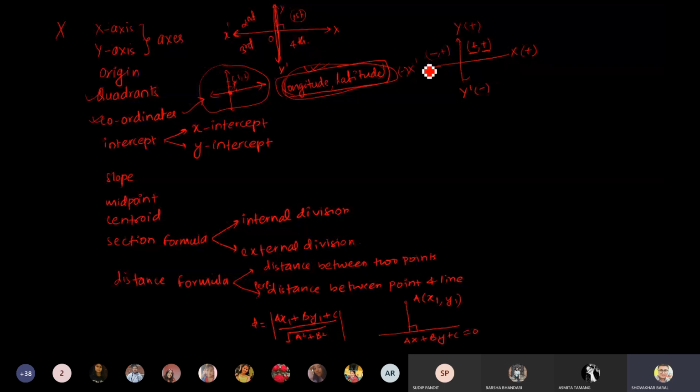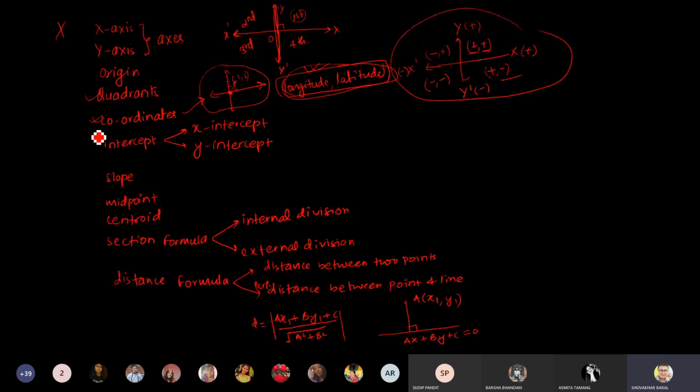In the second, x is negative and y is positive. In the third one, x is negative and y is also negative. In the fourth one, x is positive and y is negative. I think you are well aware of this fact.